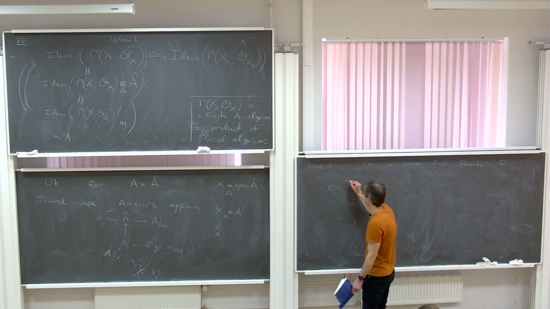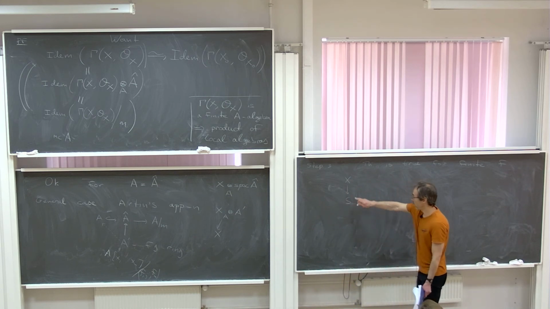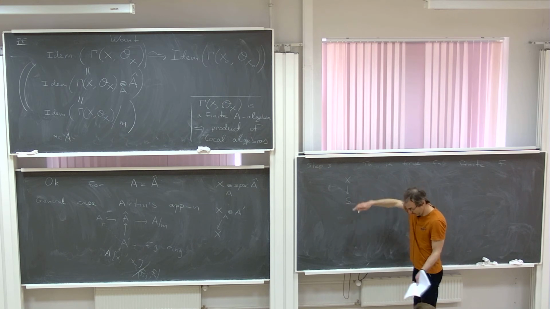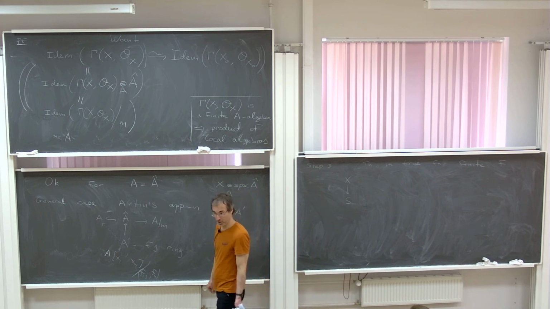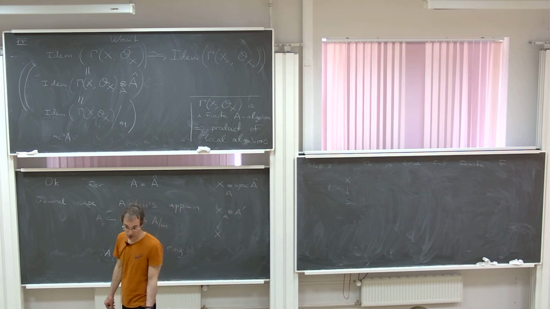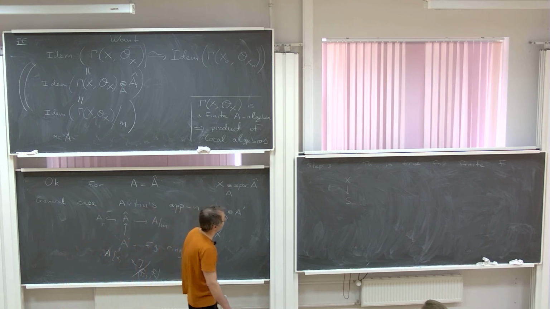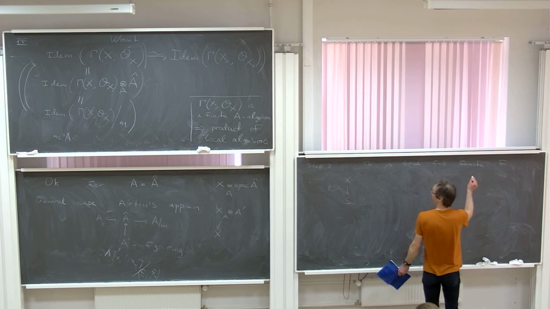For finite f, that's very simple, because X itself is a direct product, a disjoint union of Henselian local rings.